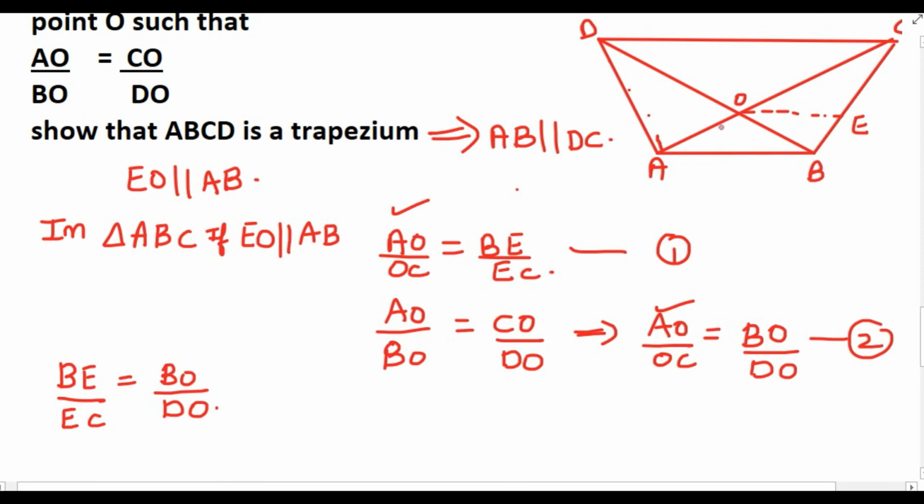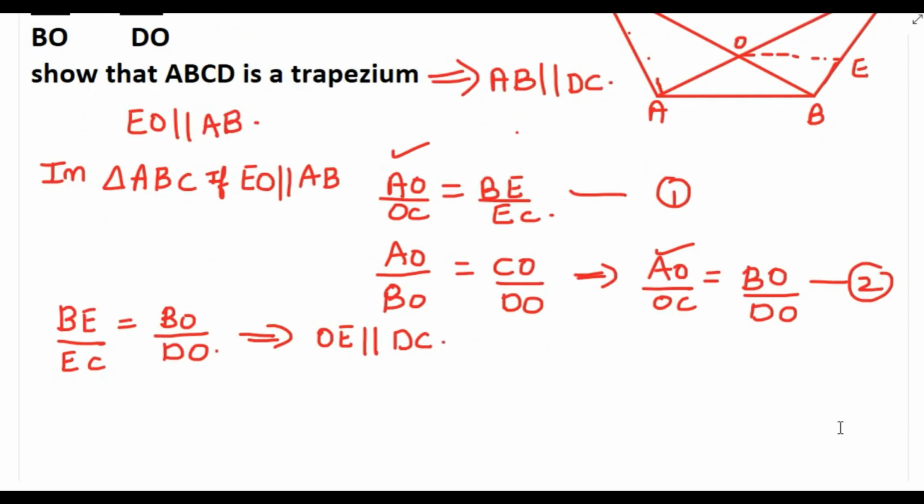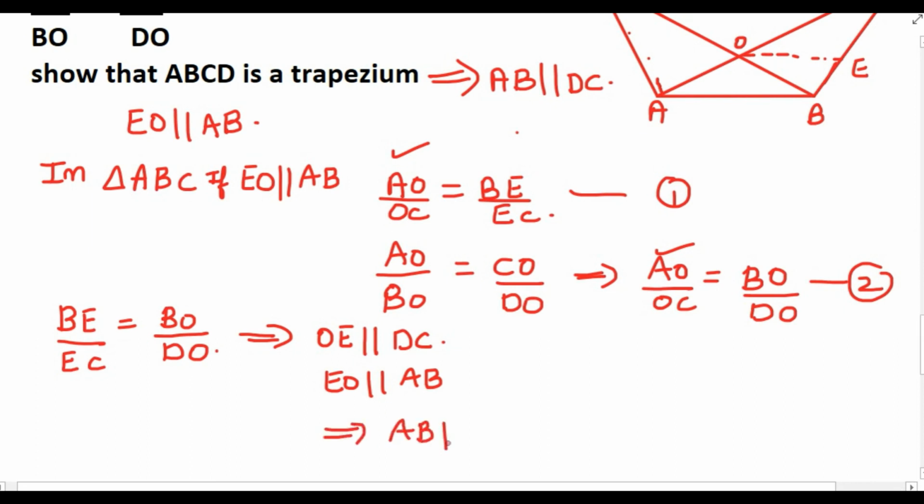So BE divided by EC and BO divided by DO. By converse of Thales' theorem, I can write that OE is parallel to DC. So already we have OE parallel to AB by construction, and now OE is parallel to DC. That means OE is parallel both to AB as well as DC, which means AB is parallel to DC.